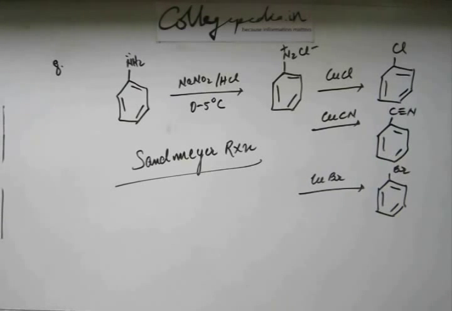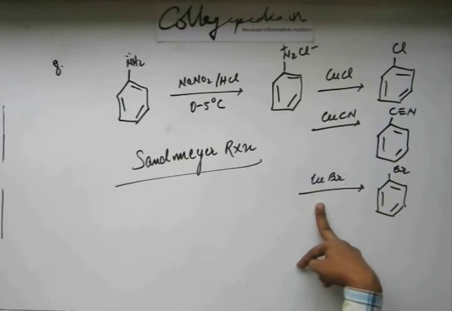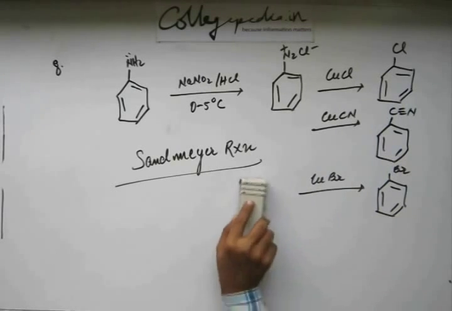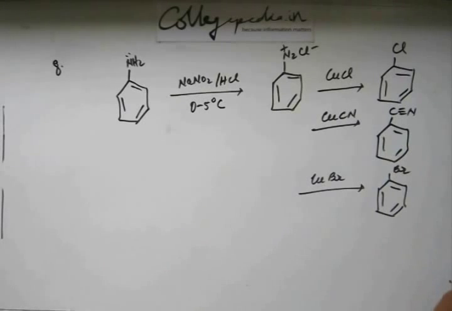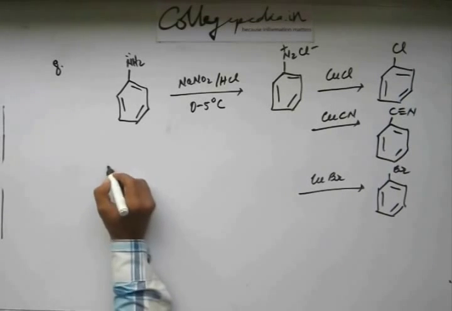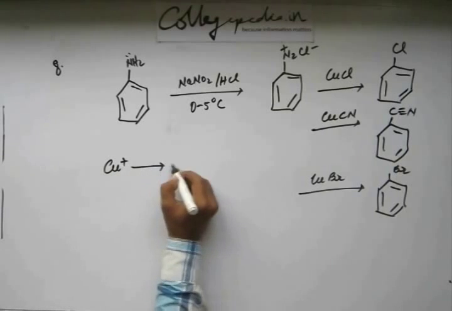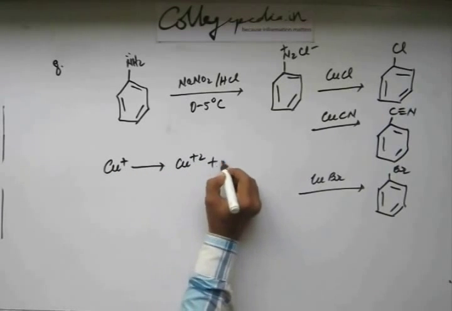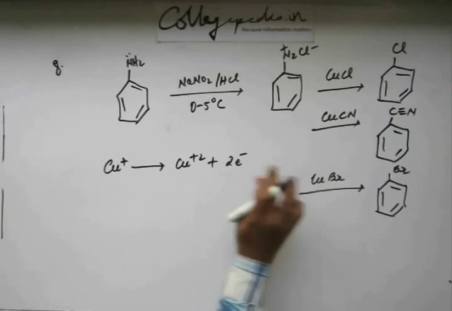Now the question here comes that cupric ion cannot be used here. It has to be cuprous, for the reason that cuprous ion can be further oxidized. This Cu plus is oxidized to cupric and it loses one electron.